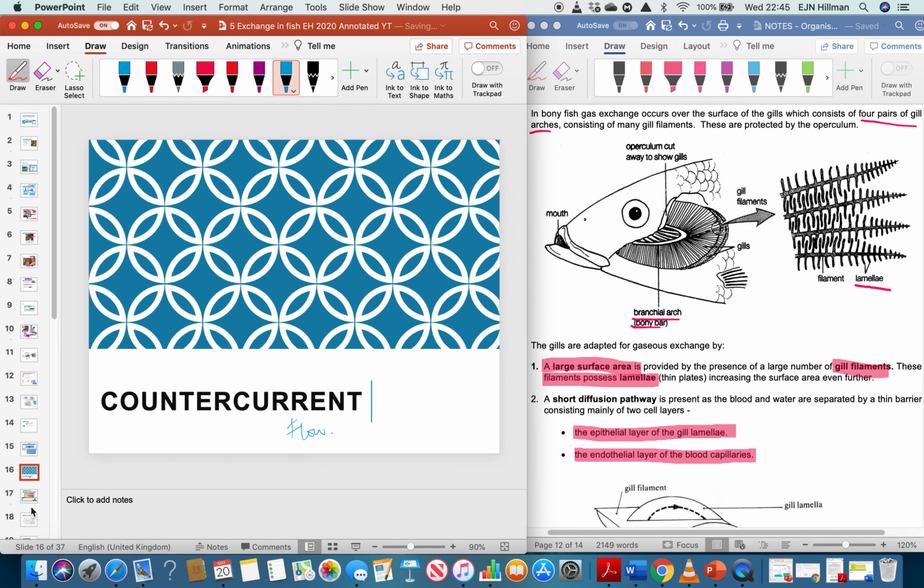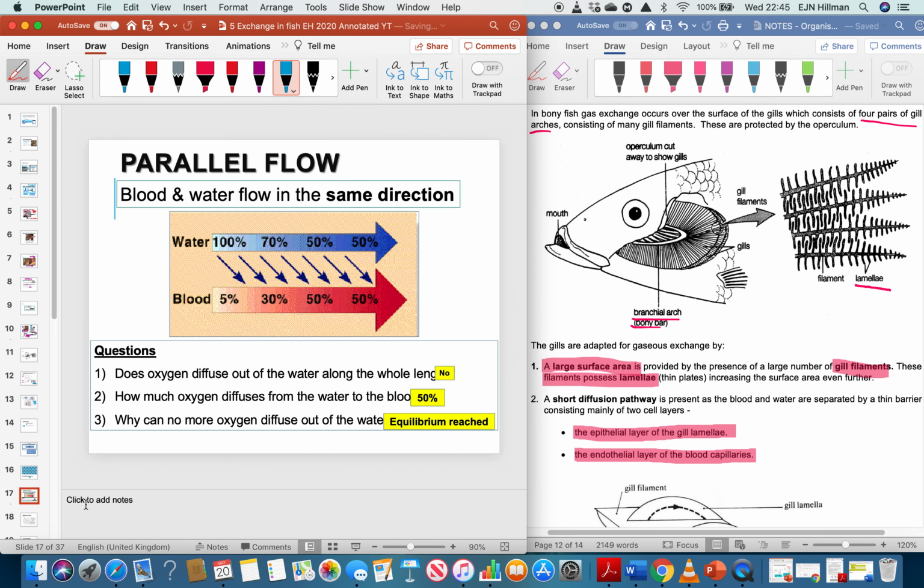Before we move on to countercurrent, let's have a look at the other version. Parallel flow shows where the blood and the water flow in the same direction.